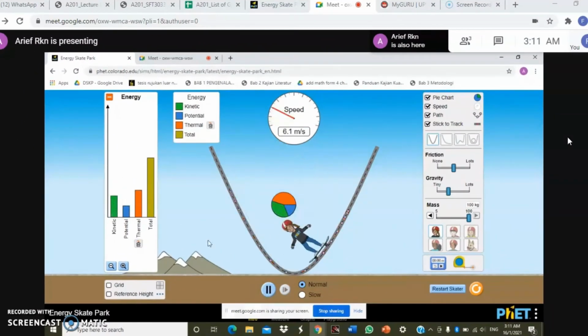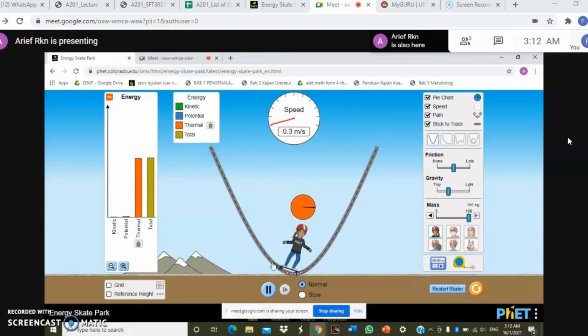So from what we get, the speed of the skater will slowly approach 0 because of friction. So the skater will stop at the bottom.